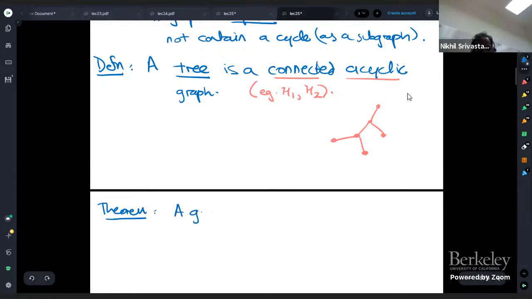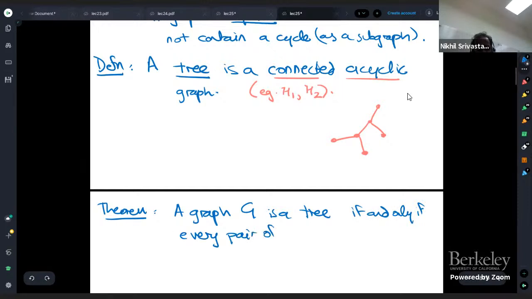A graph G is a tree if and only if every pair of distinct vertices in G is connected by a unique path.